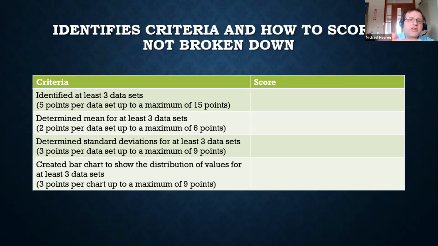And you can see a similar thing happening lower, where you have some bar charts, how many standard deviations are there, etc. But it's telling you what's being graded and how it's going to be graded with that maximum score, so everybody is clear on that expectation.